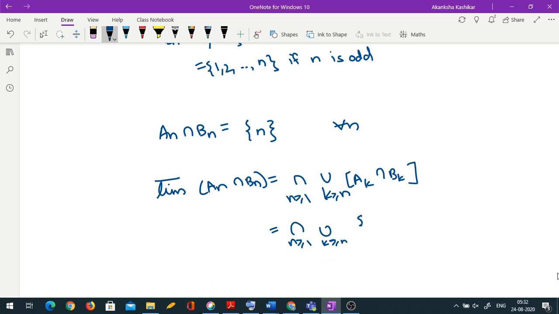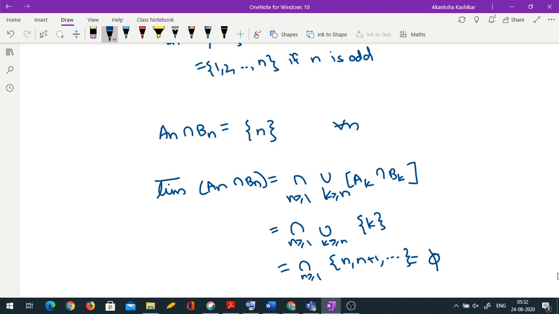And we know this is singleton K. So singleton K, if you take union over all K greater than or equal to n, it is going to be n, n plus 1 and so on. But then intersection is going to be an empty set. Okay, because the first set is 1, 2, 3 and so on.